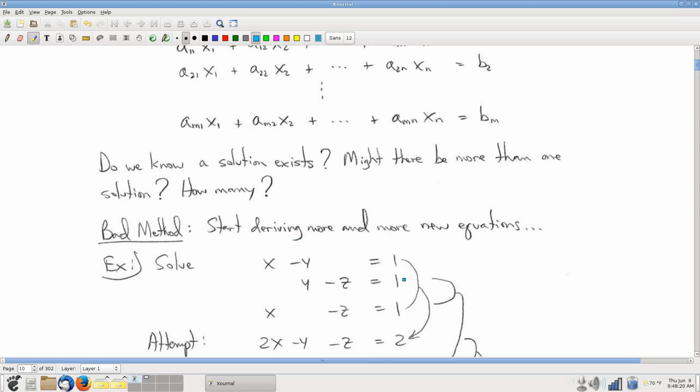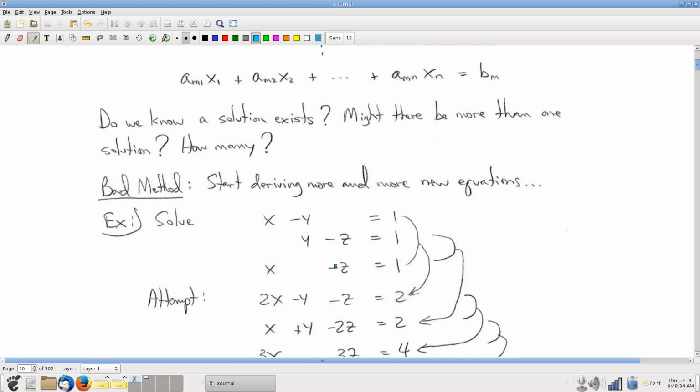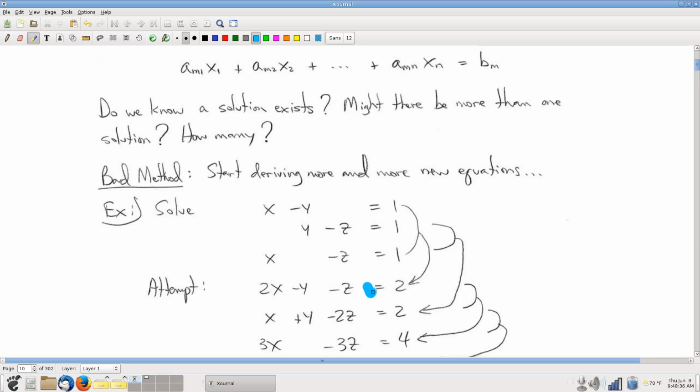Now the thing is, we started off with three equations. Now we have four equations. And then you can repeat. Take another two of the equations and combine in some way or another. And eventually, if you like, you can take equations that you have created by this method and combine them in some way or another to get other equations.